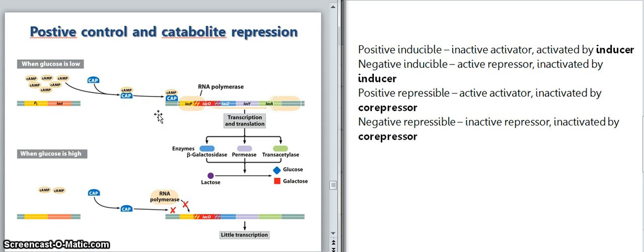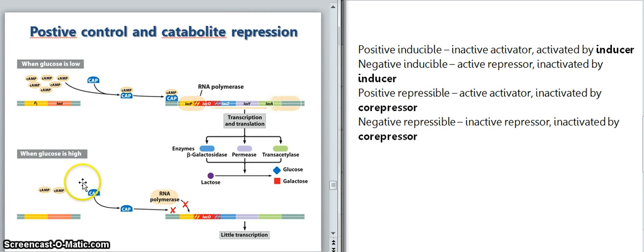So again, when glucose levels are low, cAMP production is stimulated, promoting binding of the catabolite activator protein to a number of different operons. The CAP actually controls about 20 or more other operons that are responsible for alternative metabolic pathways to glucose.